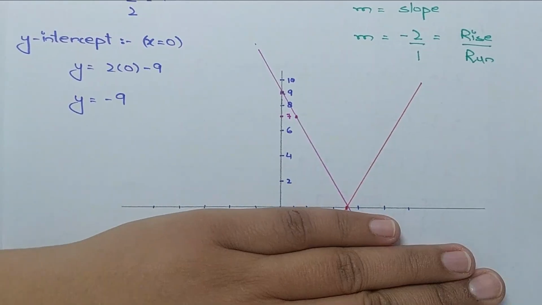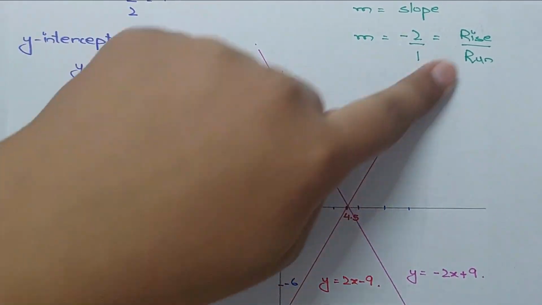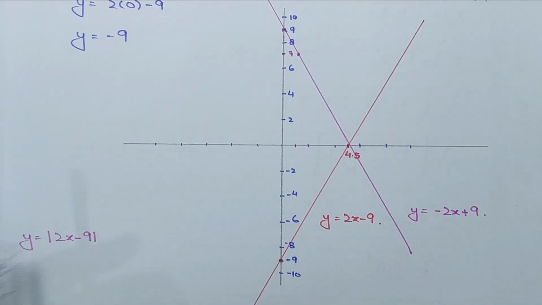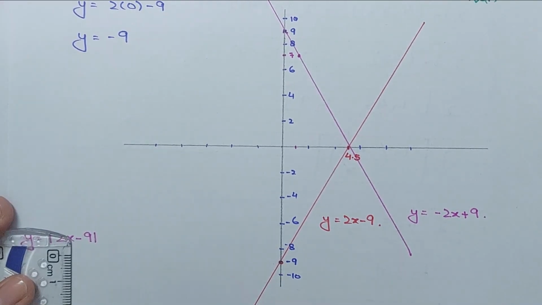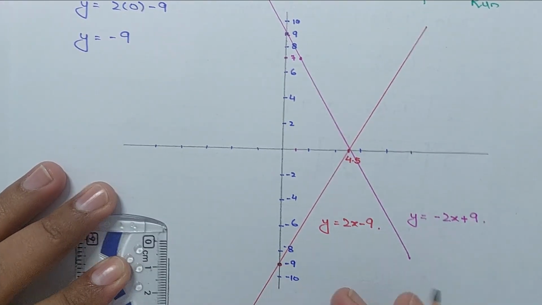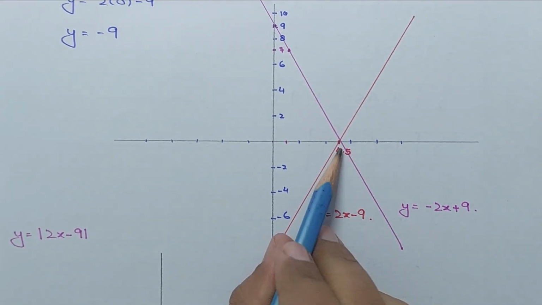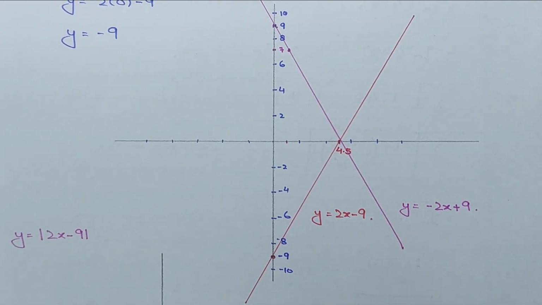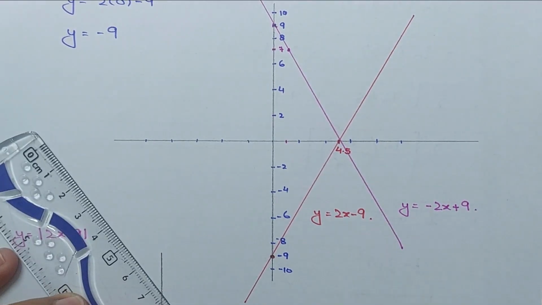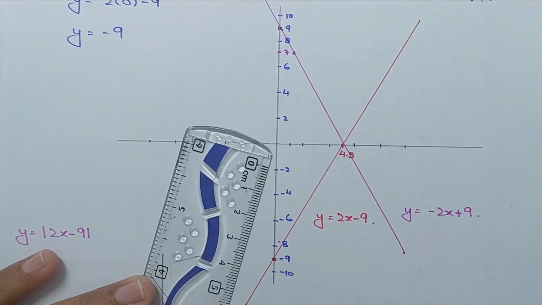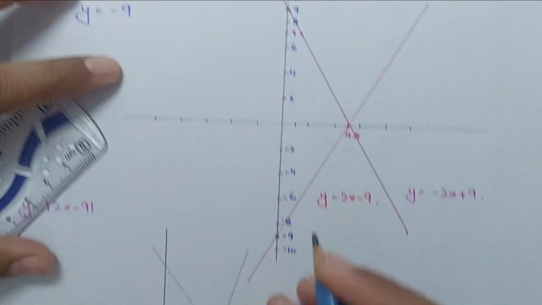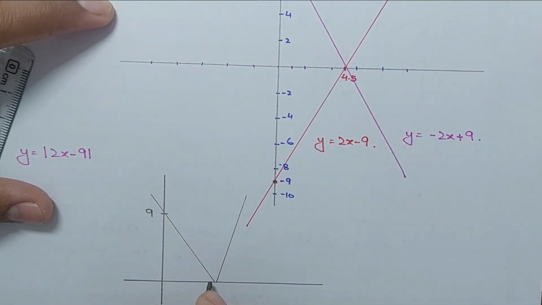We are not considering this part of the graph, just this V-shaped graph is the absolute function for 2x minus 9. Let me sketch this separately. This point is 4.5 and this point is 9. Just a rough sketch. This is the V-shaped graph.